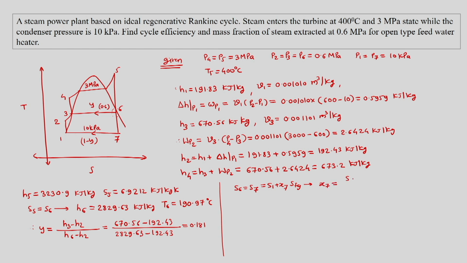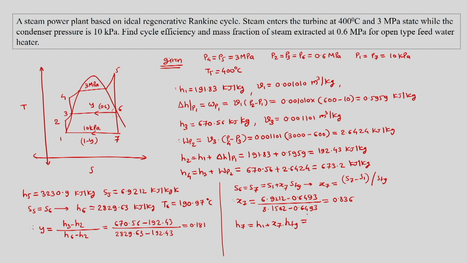So, X7 is equal to S7 minus S1 divided by SFG, and this gives X7 equal to 6.9212 minus 0.6493, divided by SFG, which is SG 8.1502 minus SF 0.6493, and this gives us X7 as 0.836.